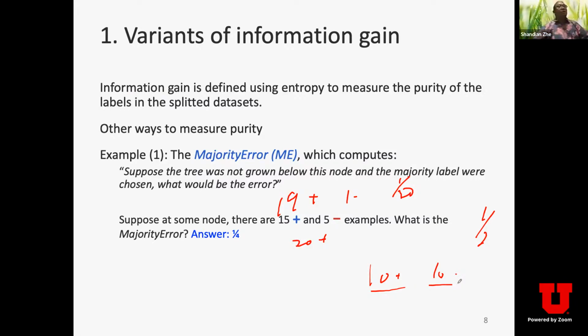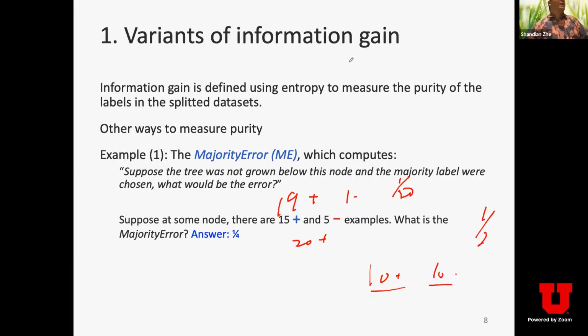That means majority error takes a similar shape to entropy. Can you use majority error for more than 2 labels? Yes, for 3 labels or 4 labels, of course, it can be bigger than 50%. But you can think about what the upper bound of majority error is for multi-class cases.